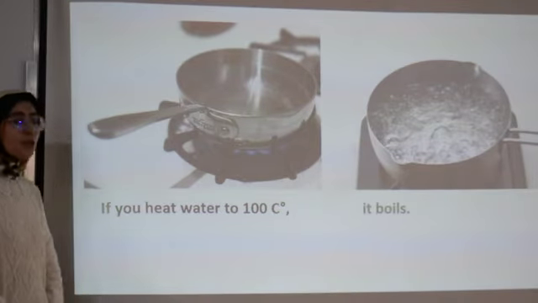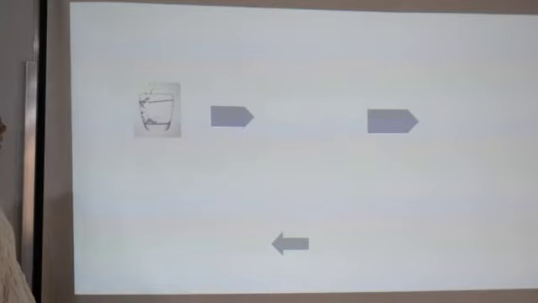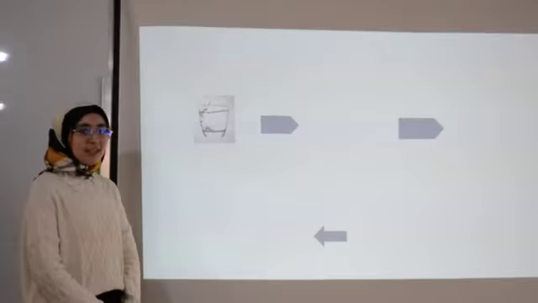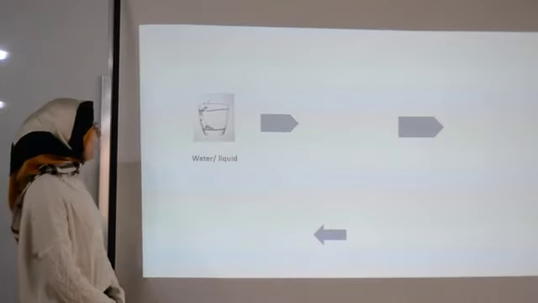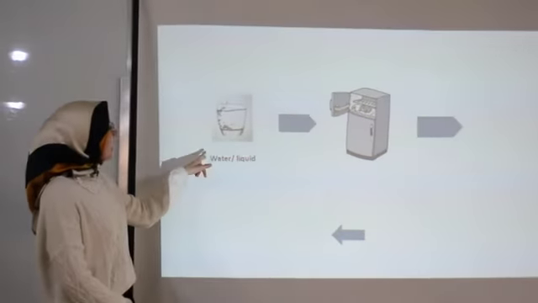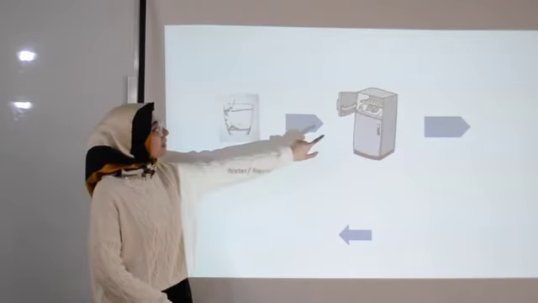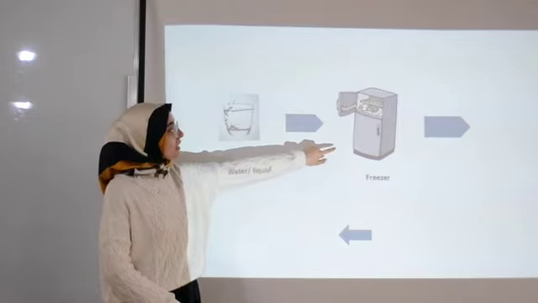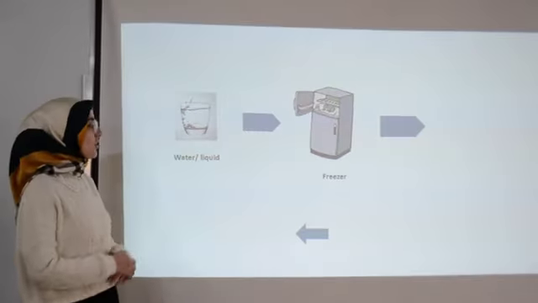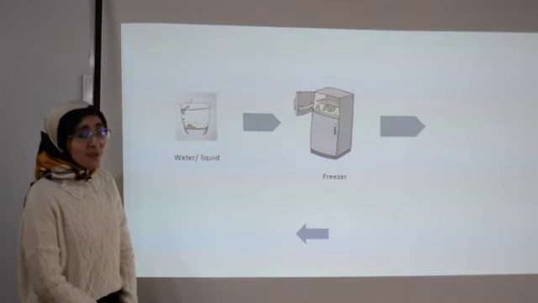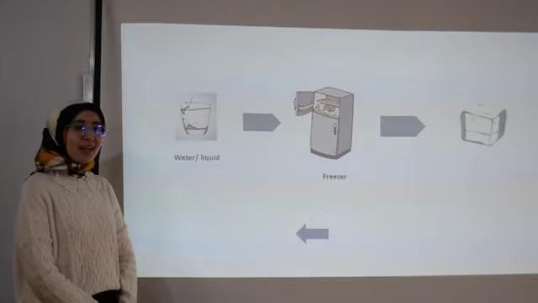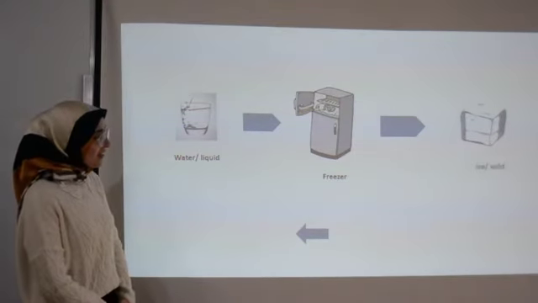Let's move now to another element. Look at the first picture. What is this? Water. Great. Water is a liquid. If we put water here, which is the freezer, the top part of the fridge, what happens? We have ice.